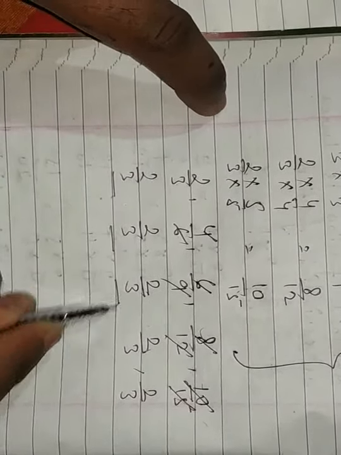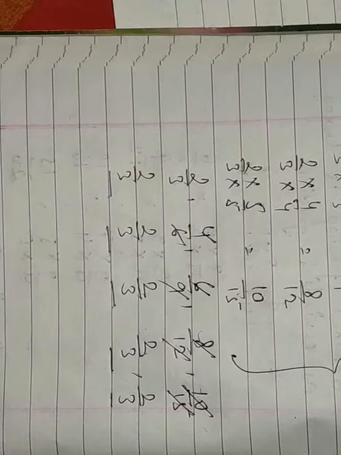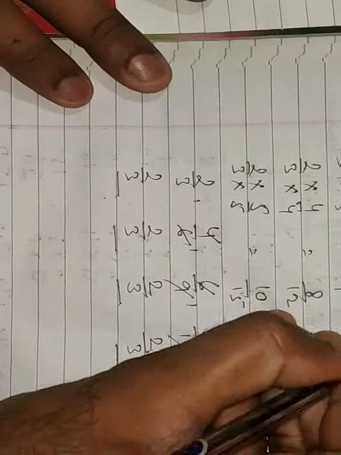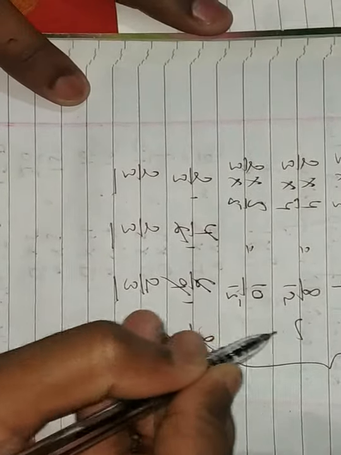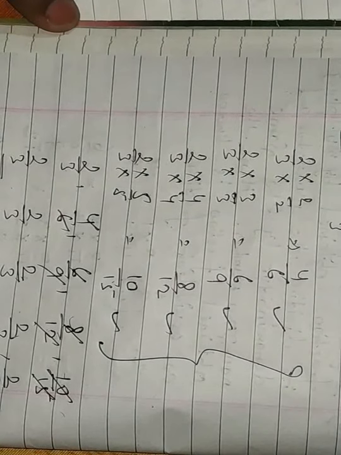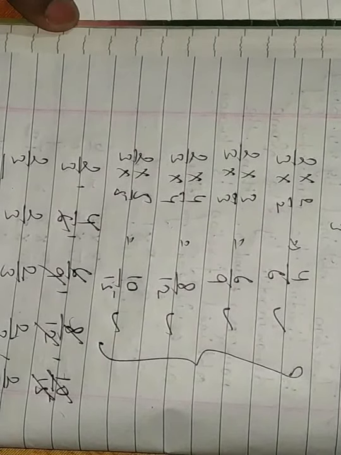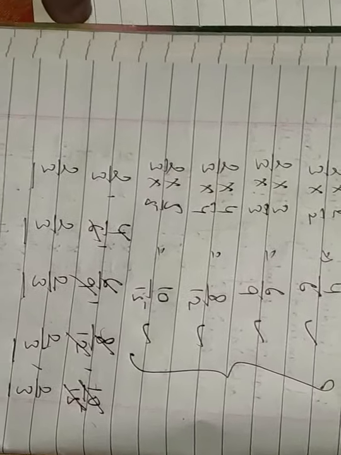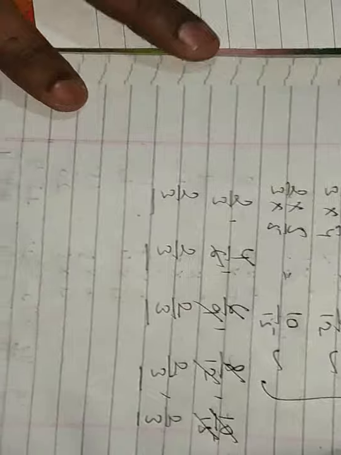These all are equivalent to 2 by 3. Hence the four fractions which are equivalent to 2 by 3 are 4 by 6, 6 by 9, 8 by 12 and 10 by 15. So however many fractions we are asked for, we can simply take out the equivalent fractions. Now let's take one more example of division.